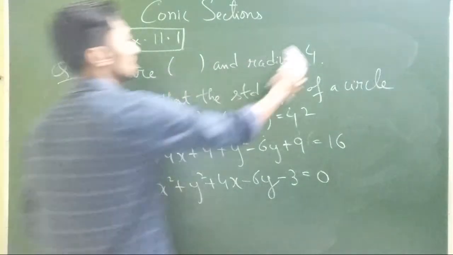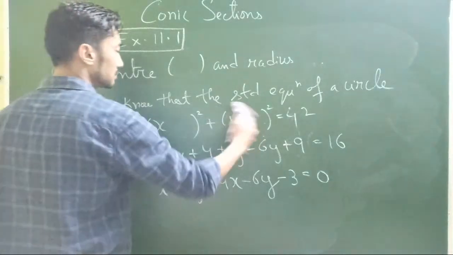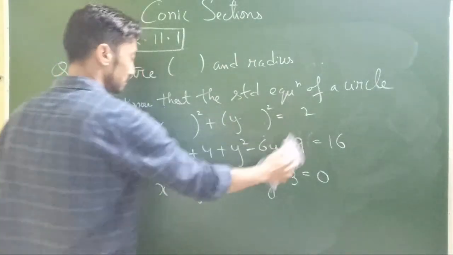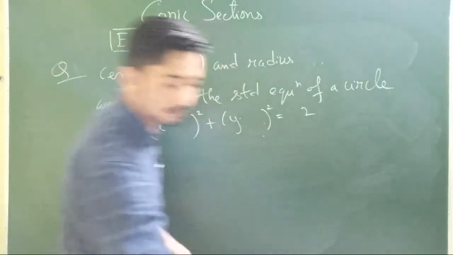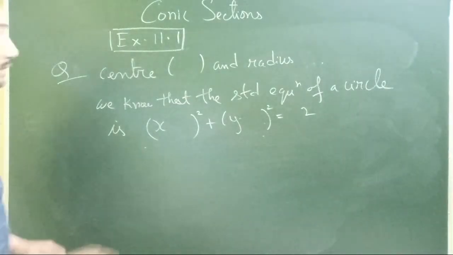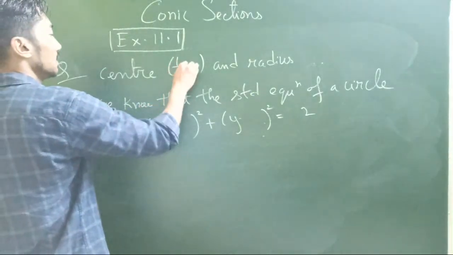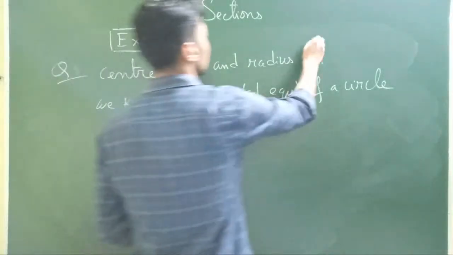For the third question, the center given is (1 by 2, 1 by 4) and the radius that is given to us is 1 by 12.